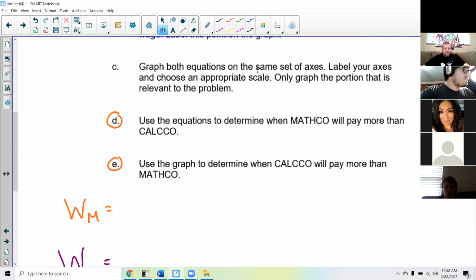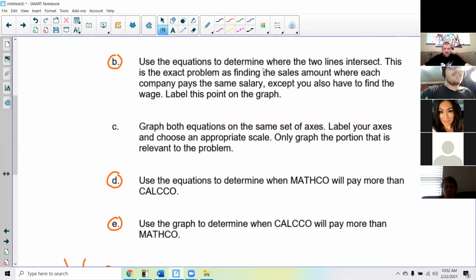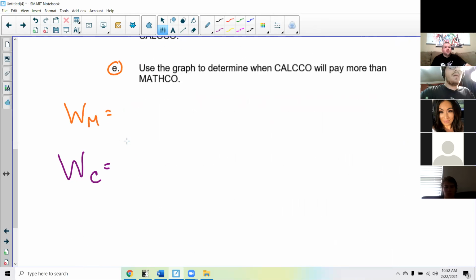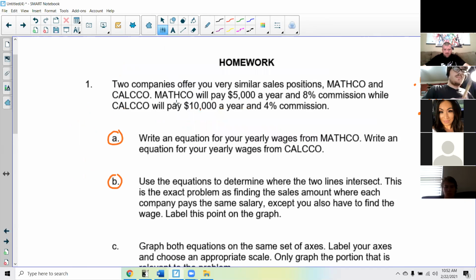Okay, equation for Mathco. Did anyone get an answer? Well, for number one, 5,000 times 0.08 is 400, while 10,000 times 0.04, plus, right? Make sure that's plus. 5,000 plus 8% commission.